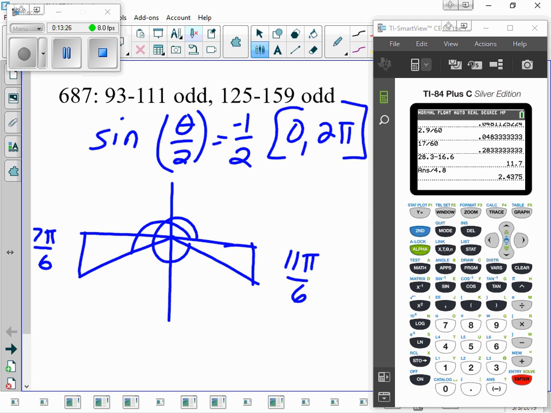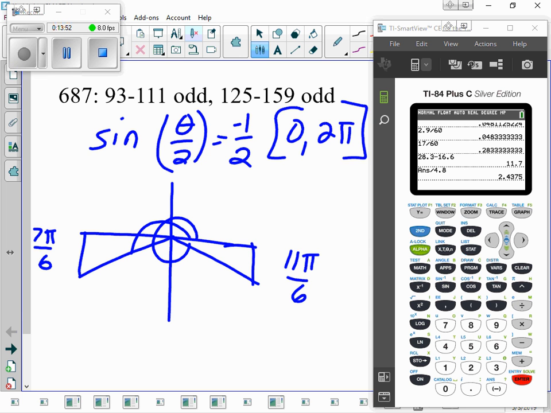When you double those, what happens? They're both too big. So what values of theta satisfy the sine of theta over 2 is equal to negative 1/2 on the domain 0 to 2 pi? None of them. It never happens. Okay.